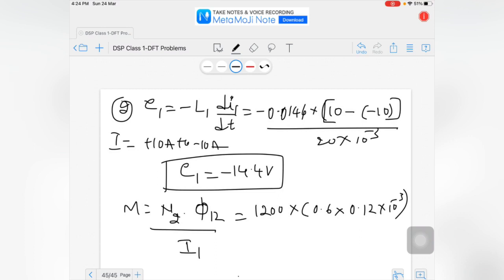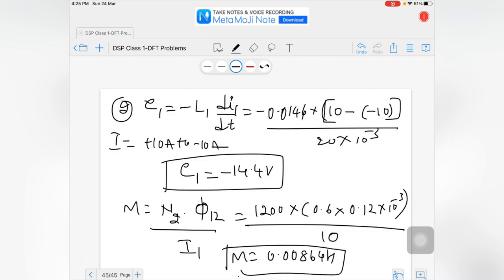In the primary coil, whatever flux is produced, 60% is linking, that is 0.6; 100% means 1. The current change is 10 amps, so I1 is 10. Simplify, and you will get M equal to 0.00864 Henry, or 8.64 millihenry. 8.64 millihenry is the M value.